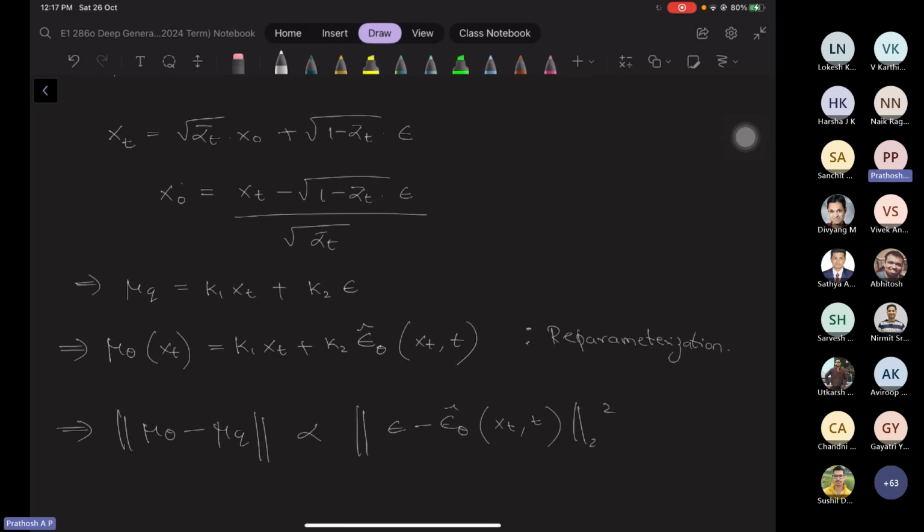We have reparameterized mu theta also in terms of the same constant as that of mu q. So those constants and xt get cancelled away, and it will only be in terms of epsilon and epsilon theta. Is this clear to all of you?